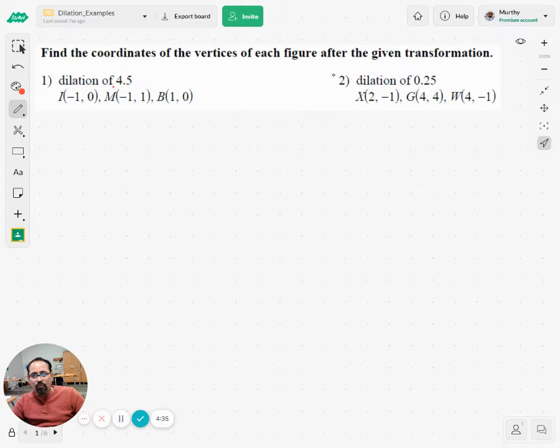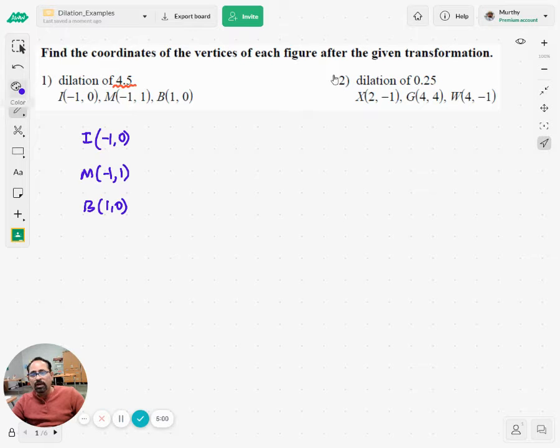Notice that 4.5 is the scale factor. Therefore, each and every point: I is given as (-1, 0), M is given as (-1, 1), B is given as (1, 0).